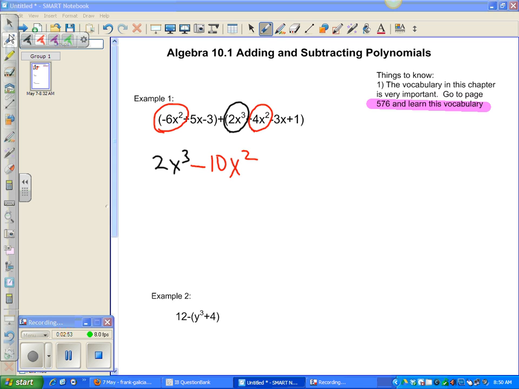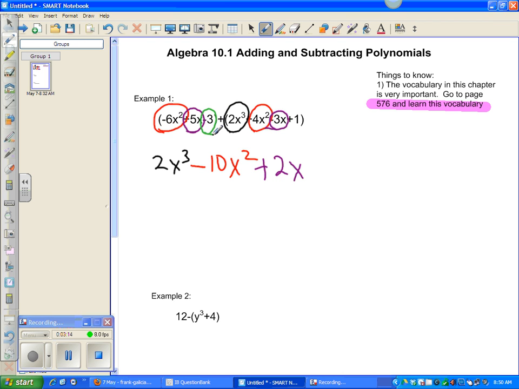Now, this positive 5x and this negative 3x combine to give me positive 2x. And finally, the last like terms are the constants, negative 3 and positive 1, which gives me negative 2. And this is my answer. This is how we added these two polynomials.